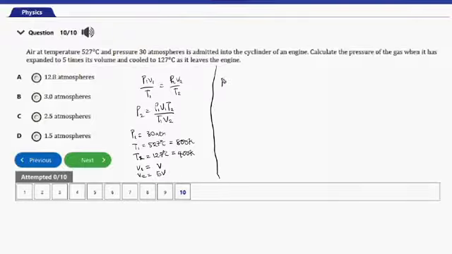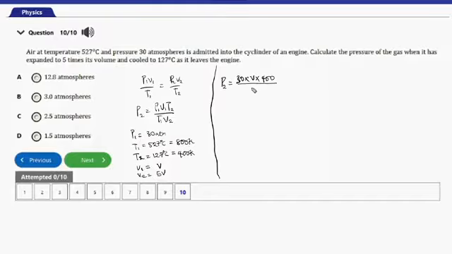So let's go ahead and substitute all these in the equation. So P2 is going to be the P1, that's 30, times the V1, which is just V, then times the T2, which is 400.